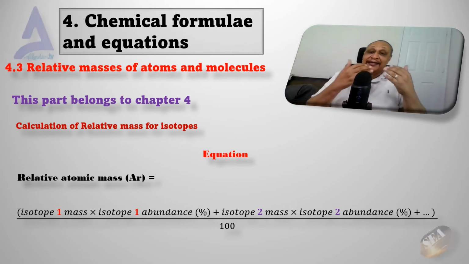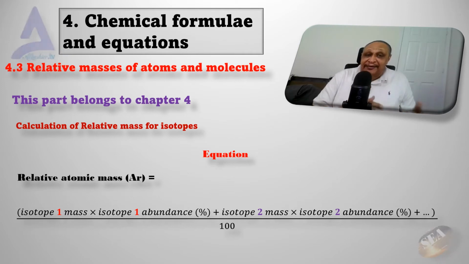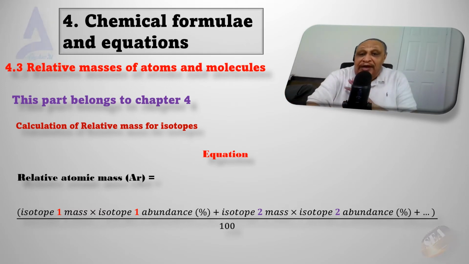In the next video, we are going to do the same with the relative molecular mass. Today we are just talking about the relative atomic mass. We don't go for the other masses.